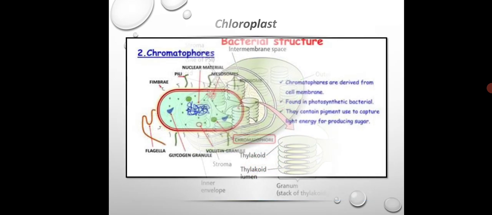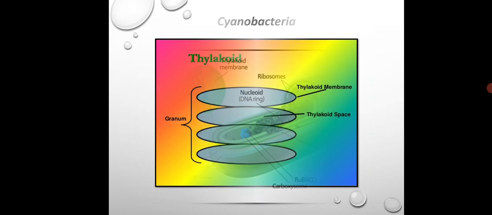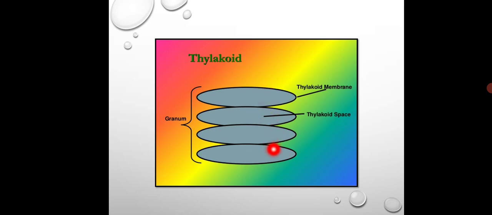If we see the detailed structure of the thylakoid, this is each thylakoid, and a stack of thylakoids is known as the granum. The first and last are the site of photosystem 1, and the middle is the site of photosystem 2.